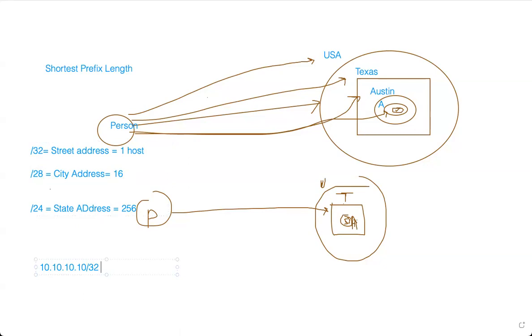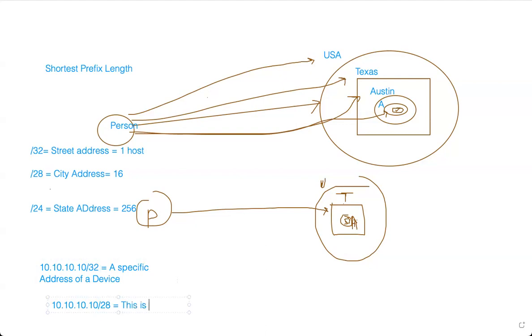So whenever you have a route of, let's say, 10.10.10/32, that means we are telling a specific address of a device, because this is a /32. This is a more specific prefix length. And let's say there is 10.10.10/28.